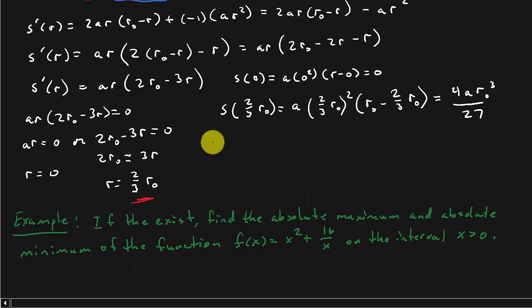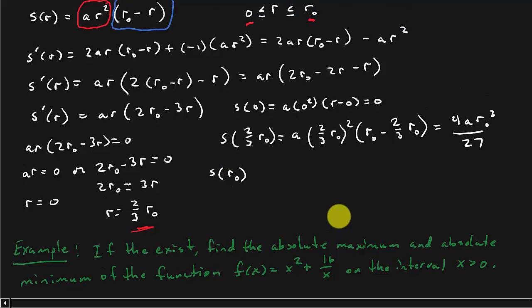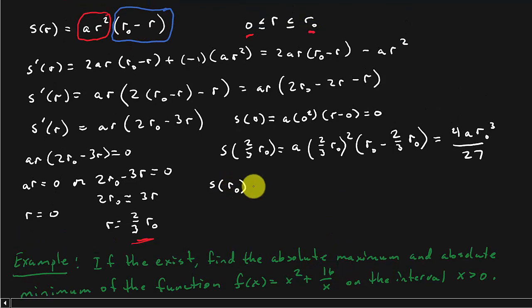And then if we do s of r0, that's the other endpoint. Well, you can see that's going to give me 0. A times r squared times r0 minus r0, that's 0. So that's going to give me 0 there. Okay.